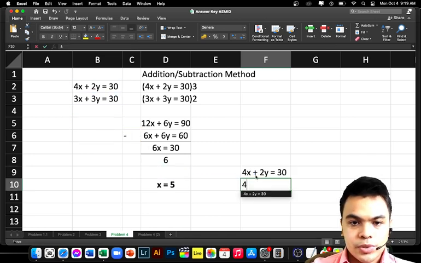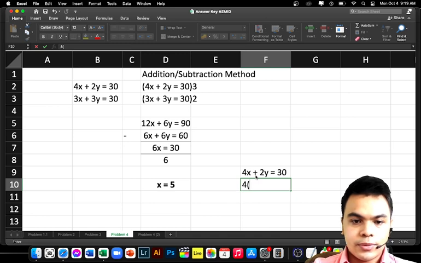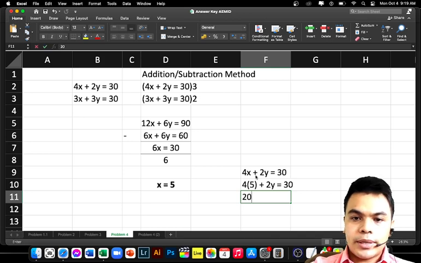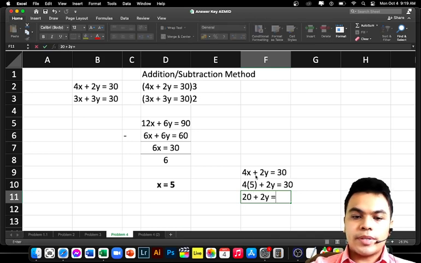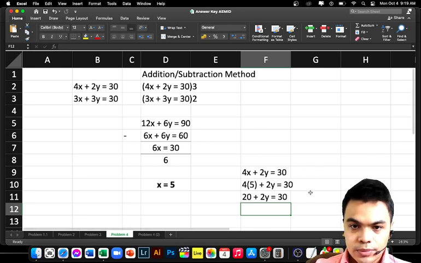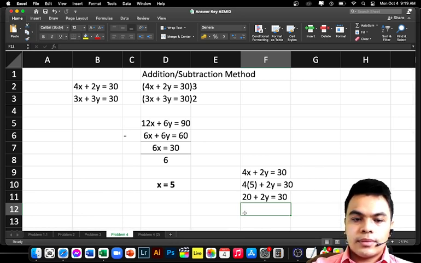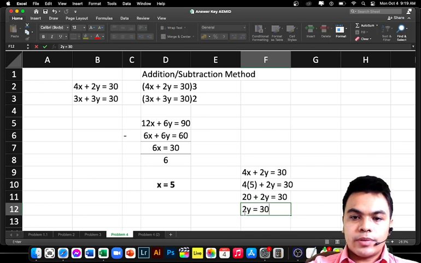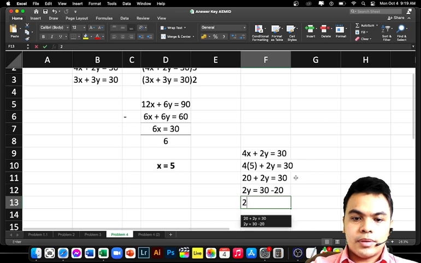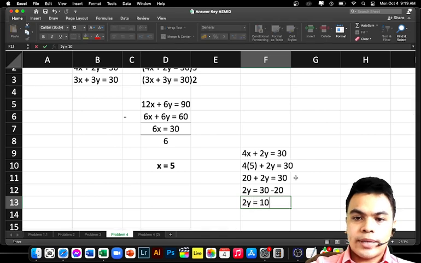So, substitute natin si x. 4 times 5 plus 2y is equal to 30. Ayan. 20 plus 2y is equal to 30. So, we transpose this one to the other side. 2y is equal to 30 minus 20. 2y is equal to 10.